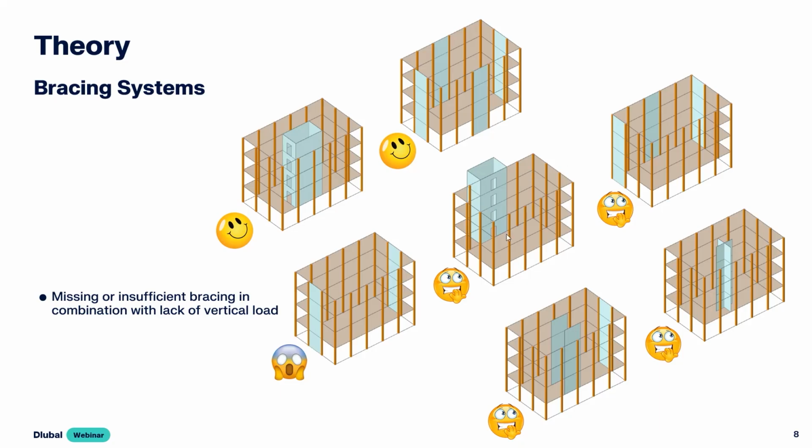The remaining 4 images are about buildings with problematic bracing systems. So here on this image, we have the core or the bracing system at the edge of the building. We have less load on top from floors, for example. That means we will get really high tension forces on the hold downs.